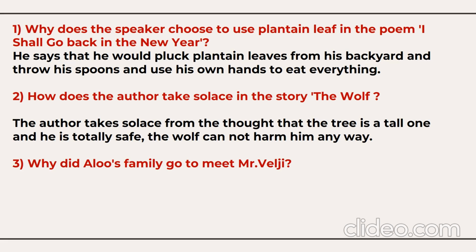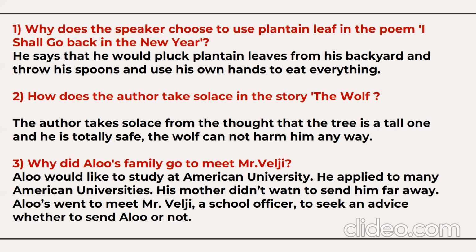Then the third question we have here: why did Alu's family go to meet Mr. Welji? Alu would like to study at American universities. He applied to many American universities. His mother did not want to send him far away, and Alu went to meet Mr. Welji, a school officer, to seek advice on whether to send Alu or not.